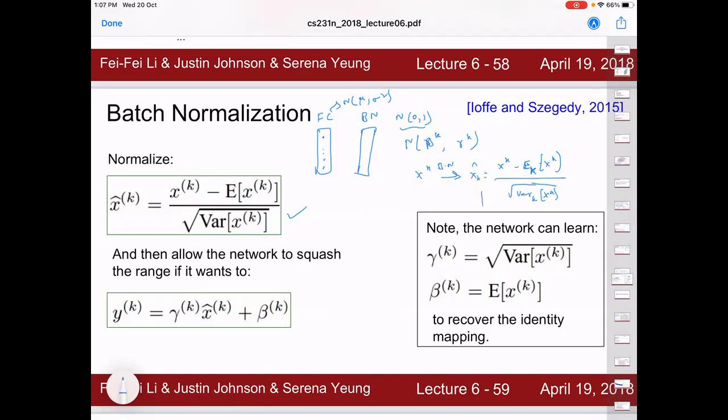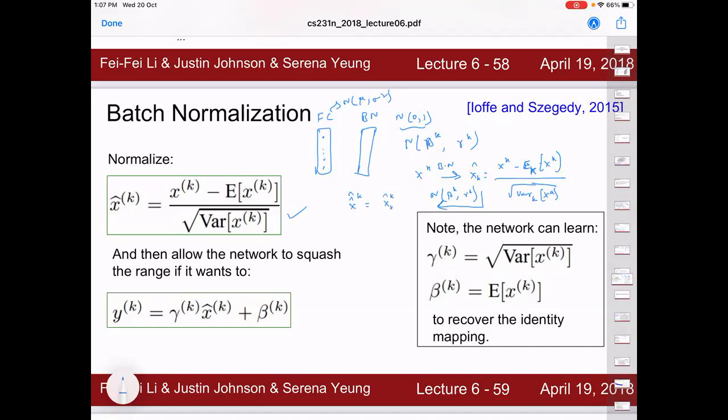Now we may not be happy with this, because sometimes zero mean and unit variance is not very suitable. We would like to have beta k and gamma k as the guiding parameters for the distribution. In such a case, x hat double hat k is a transformed version of x hat k. How do we transform it?